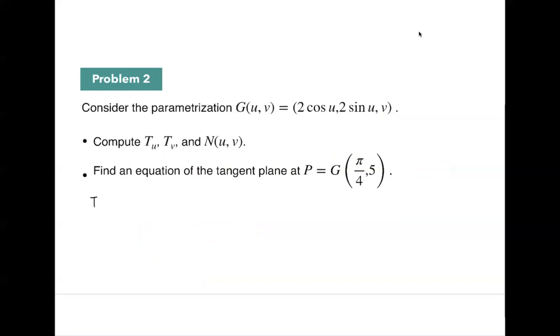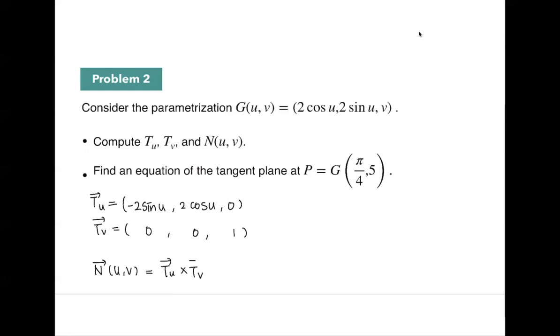So T_u was given by the partial derivative. Let's take the partial derivative here. Then you get minus 2 sine u, 2 cosine u, and 0. And T_v is given by 0, 0, 1, right? Then n is the cross product of these two.